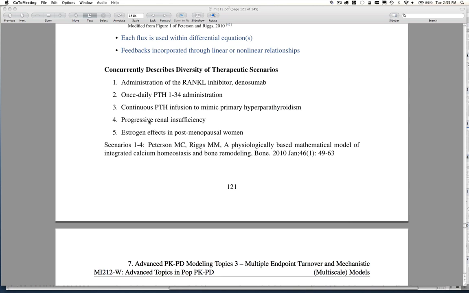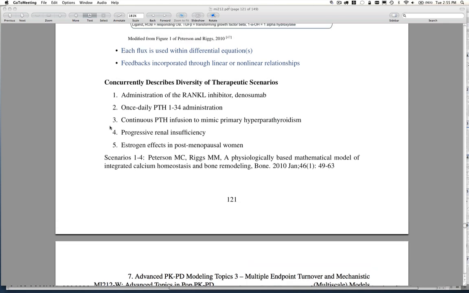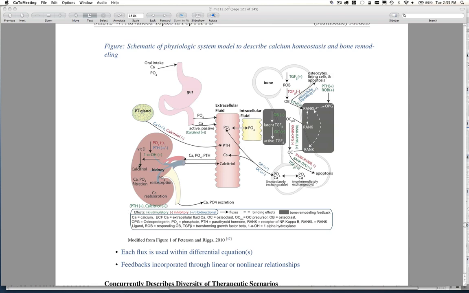Another interesting piece of this, and this was almost, hey, I wonder if it can work for this too, is we wanted to see if we took the glomerular filtration rate within this model and had it slowly decline over time, what would the subsequent effect be of this decrease in filtration on the rest of the system? As, for example, phosphate levels go up, it's going to feed back into the activity of the 1-alpha hydroxylase, which is going to affect calcitriol.